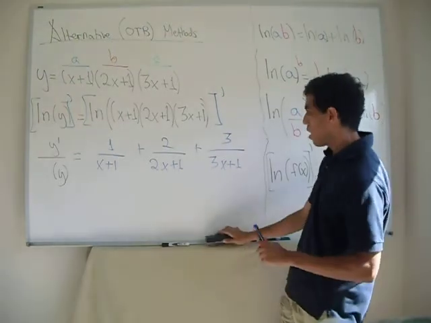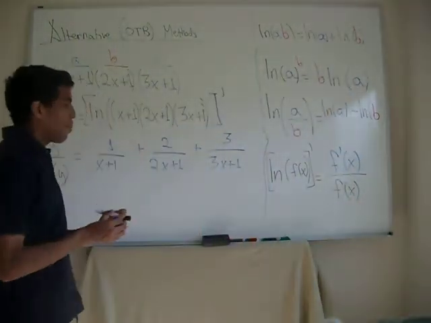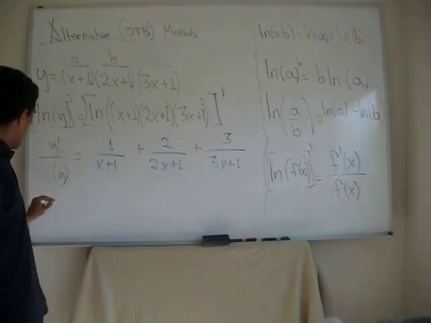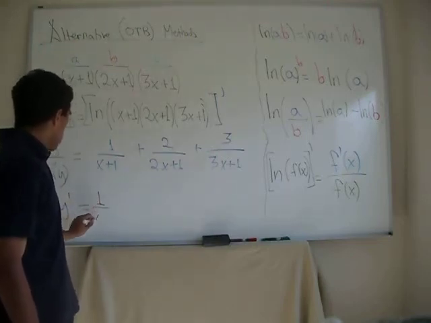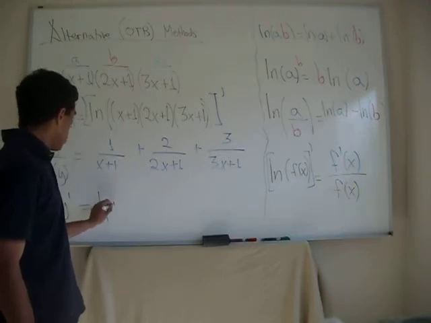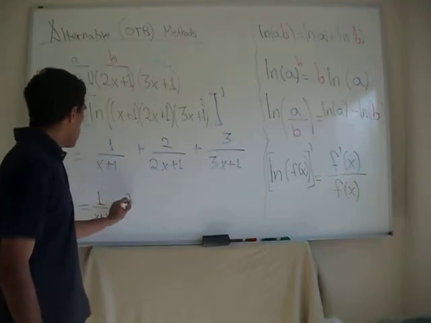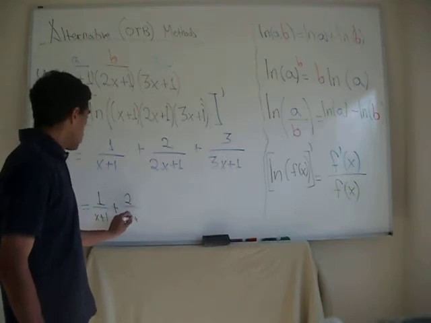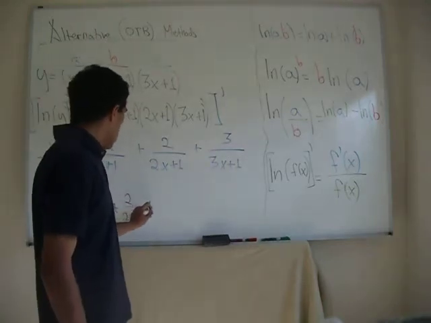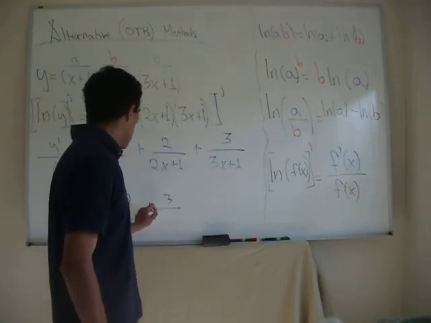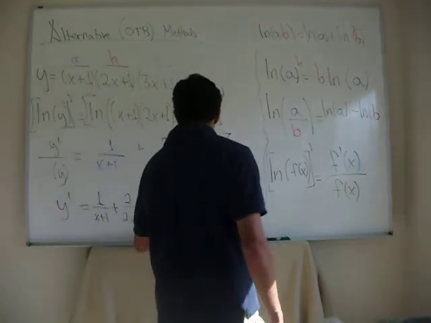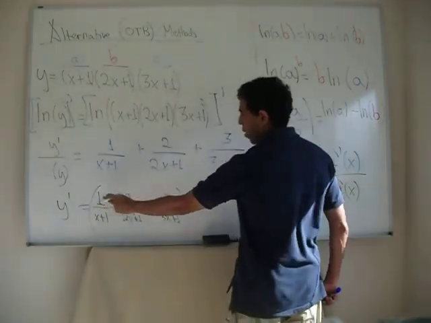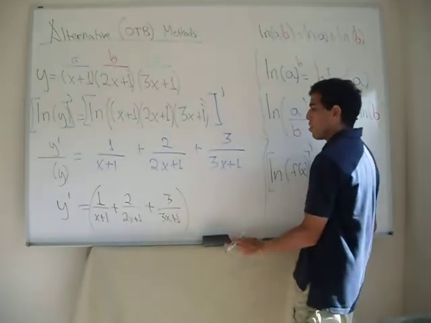So let's do it real quick. y prime equals 1 over x plus 1 plus 2 over 2x plus 1 plus 3 over 3x plus 1, multiplied by y, because y is all the way in the multiplication part.